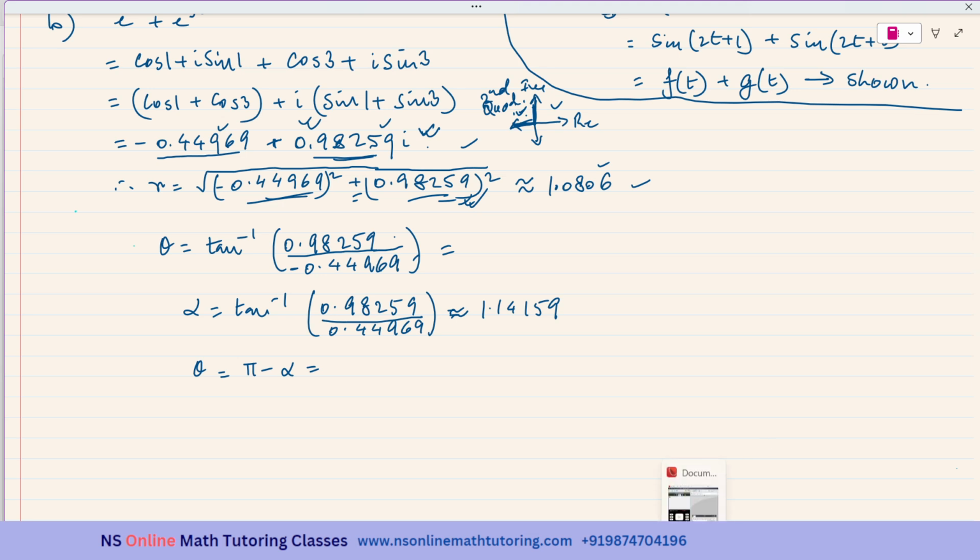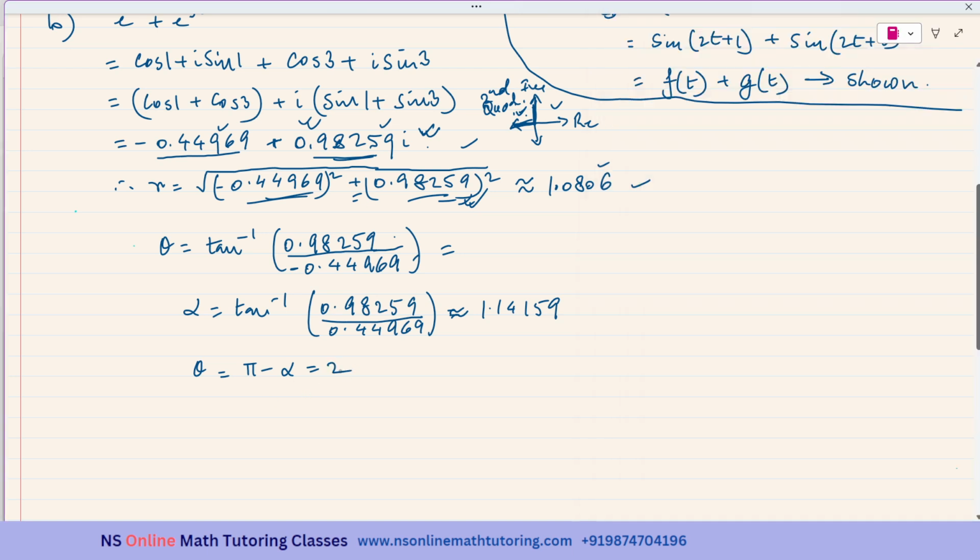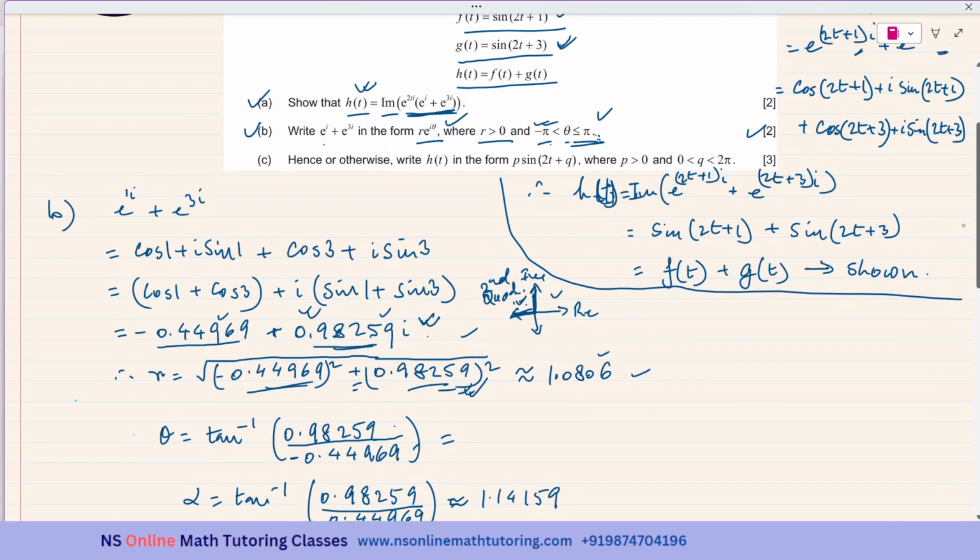Let's find theta. It is pi minus, and the answer, it is 2 point, we can take the theta value as 2, okay? So theta is 2. So therefore we can write the question was e to the power of i plus e to the power of 3i in this form, r e to the power of i theta, okay?